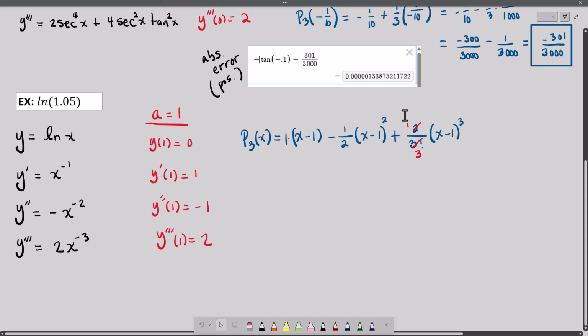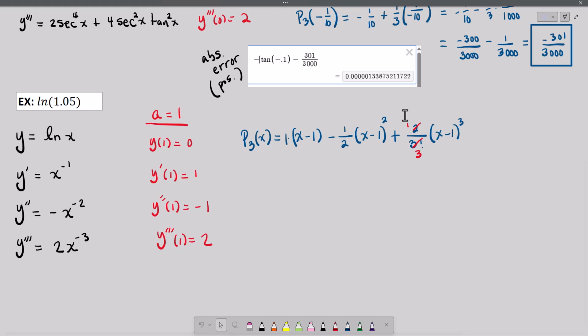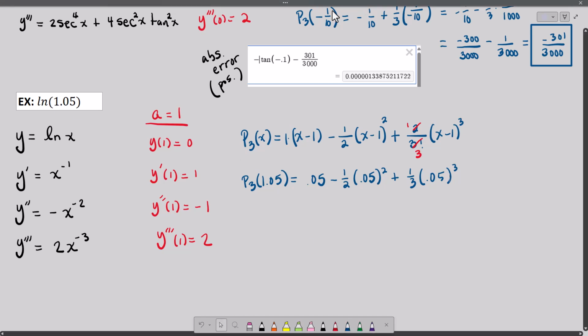We're plugging in 1.05, so p sub 3 of 1.05. 1.05 minus 1 is 0.05. So we're going to have 0.05 minus 1/2 times 0.05 squared plus 1/3 times 0.05 cubed. And we'll just type that in our calculator to evaluate it. Too complicated to do it by hand.